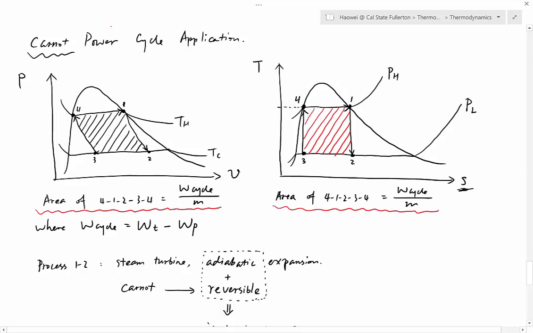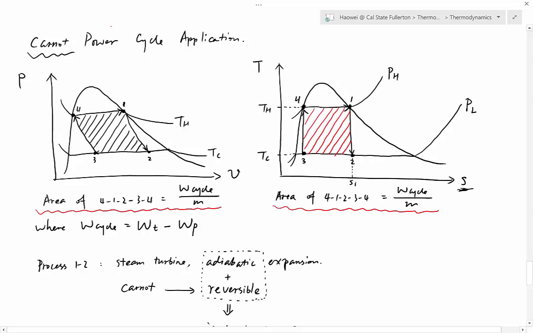Let's say this one, we call it T hot. This is the temperature in the boiler. And then the y coordinate of point 2 or point 3, we can call it T cold. That is the temperature in the condenser. And then the x coordinate here, we can call it either S1 or S2 because it's vertical, but we prefer S1.